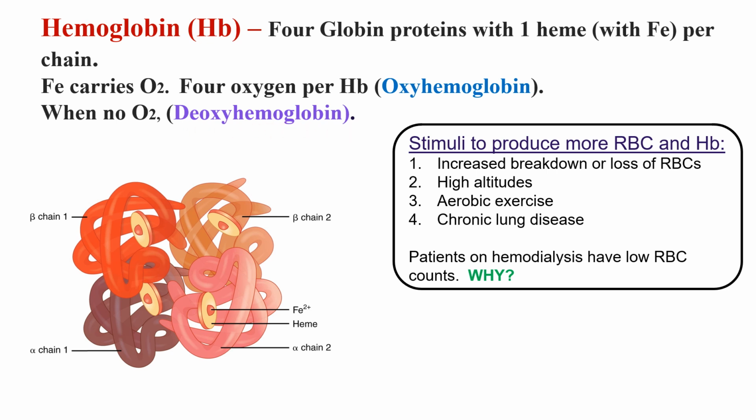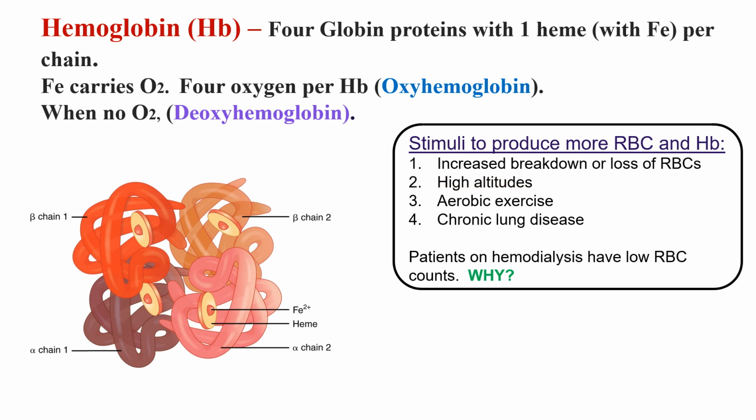deoxyhemoglobin. Now, red blood cells are created in response to low availability of oxygen in the tissues. So if you have some reason that you have increased breakdown, like for instance a parasitic infection, malaria, or anemia of some kind, loss of red blood cells, hemorrhage, or if you're at a high altitude, now the partial pressure of oxygen is lower, which means that the blood isn't getting as saturated when you have exchange in the alveolus.